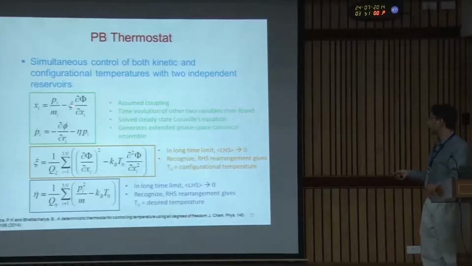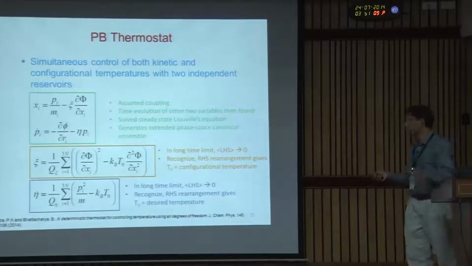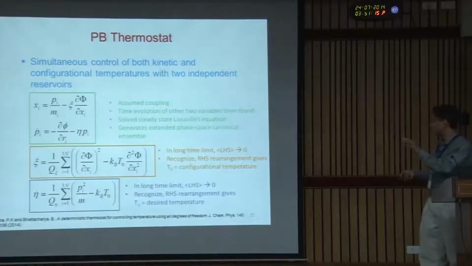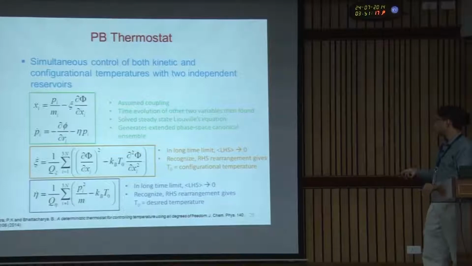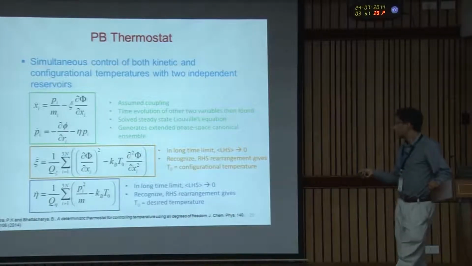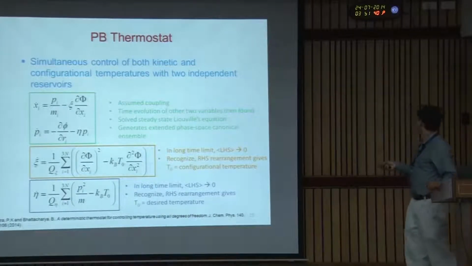So we have this xi for the configurational part and eta for the kinetic part, and together, using limiting long-term fluctuations and equating the distribution to the canonical form, we came up with 2 equations of evolution of these 2 independent thermostats, and this actually does much better than the Nose-Hoover or the other configurational temperature controlling thermostat there is, Travis and Braga's thermostat, in non-equilibrium situations, and I'll end my talk with that.